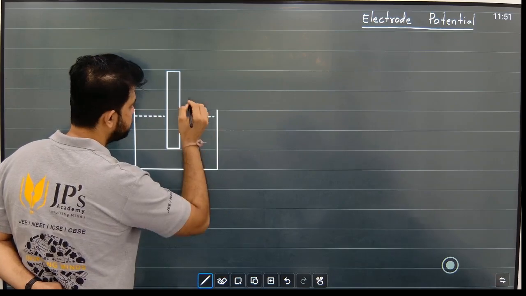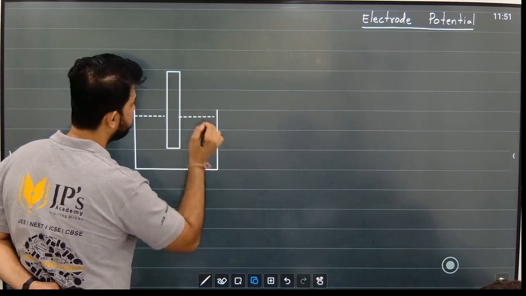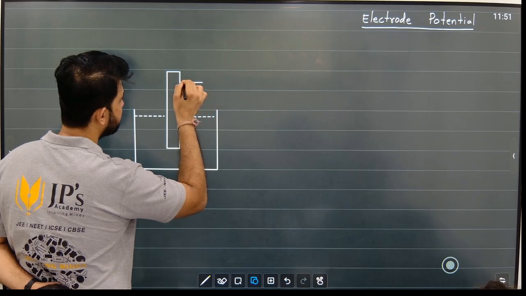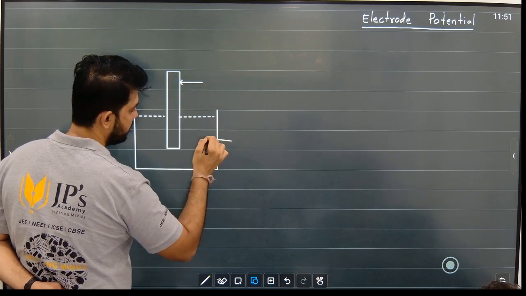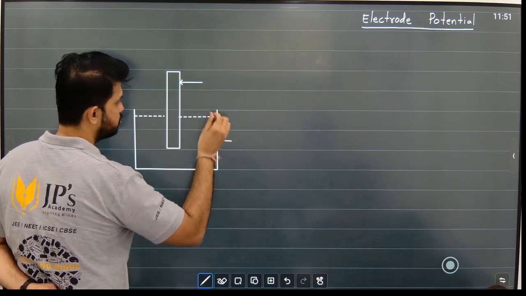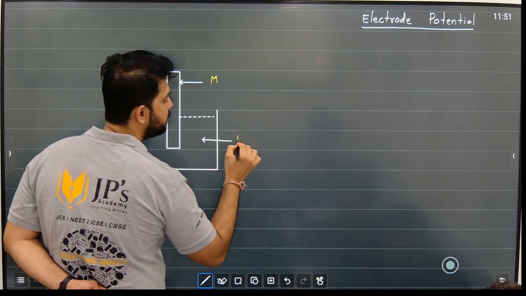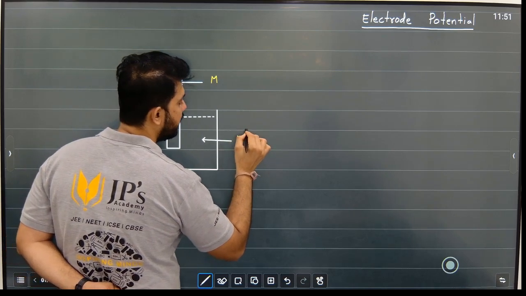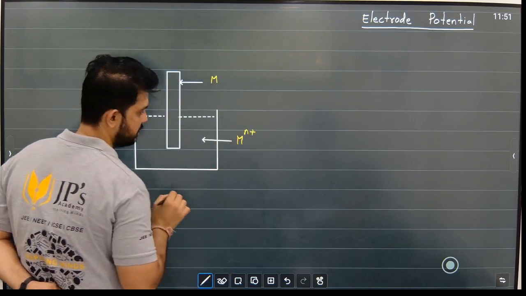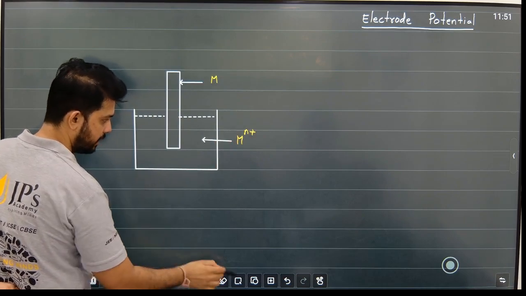So, इसको people we had said that this is M and the solution contains its ions. इसको हमने बोला था people M metal and यहाँ पे क्या था people Mn plus. बराबर?